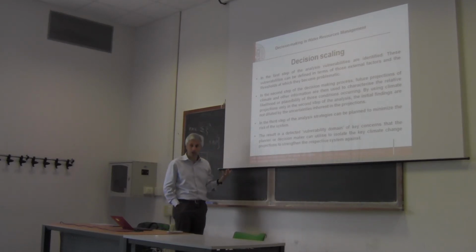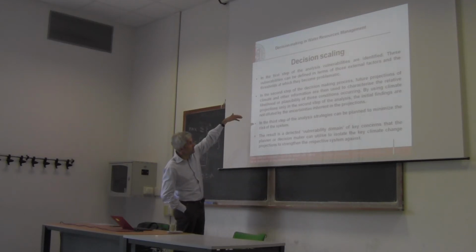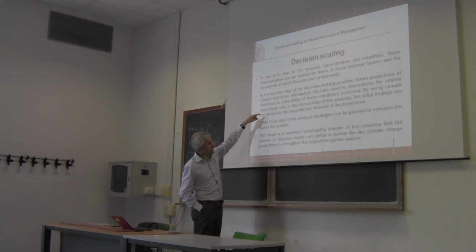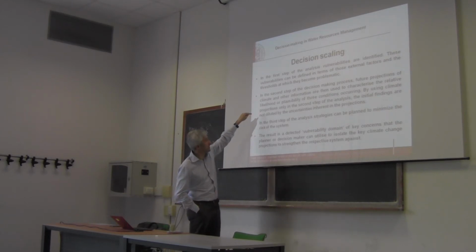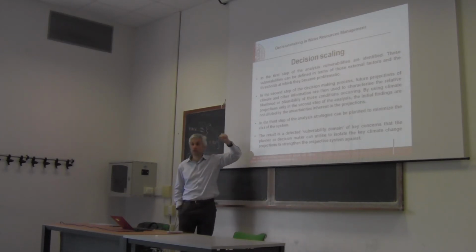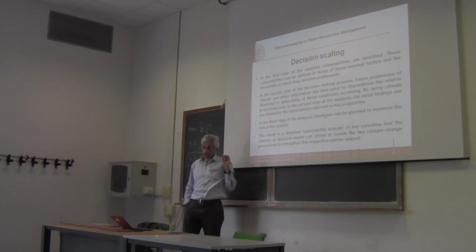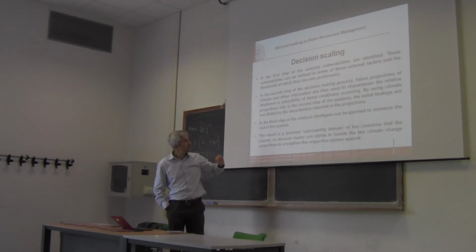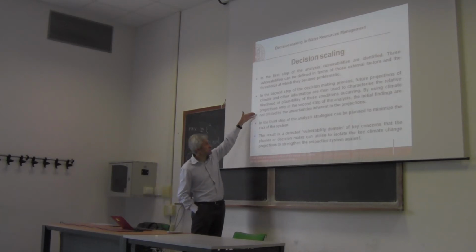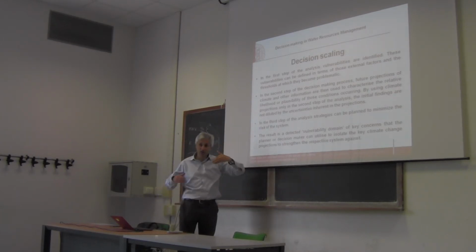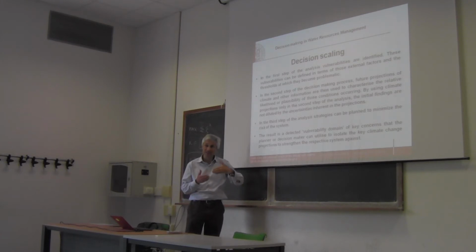So we analyze thresholds, vulnerability, and then in the second step, future projection of climate and other information are used to characterize the relative likelihood of this condition occurring. What is important here, so climate information is used only after vulnerabilities have been identified.